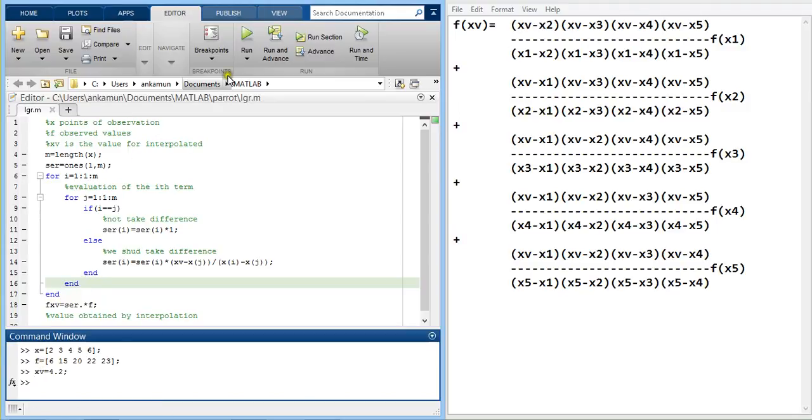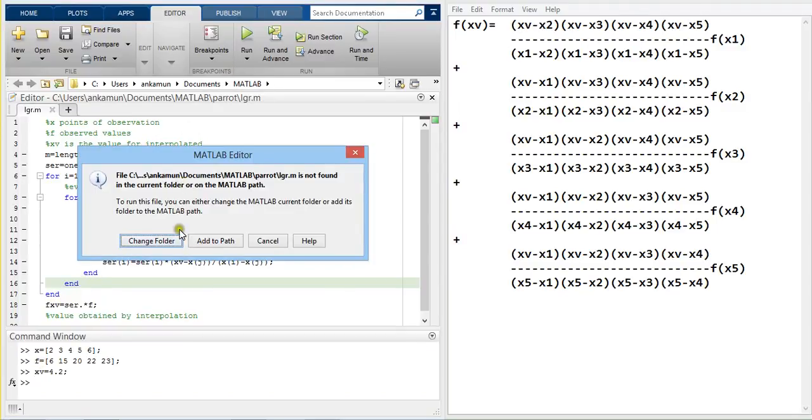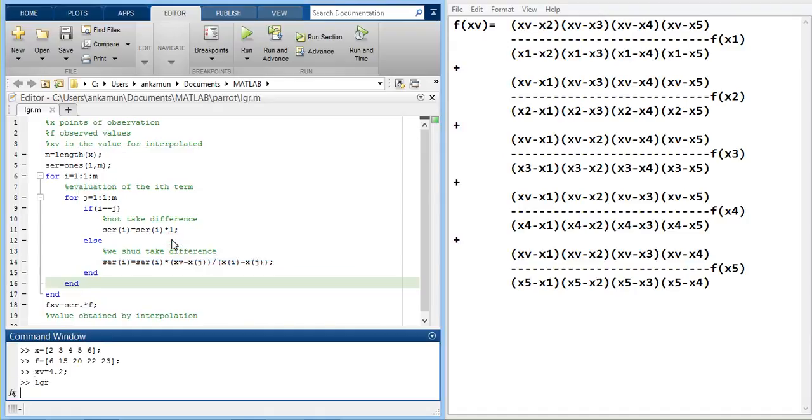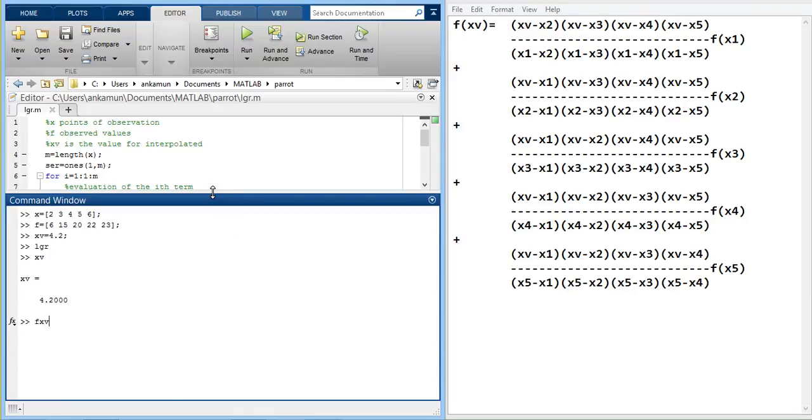Let us take a look at the workspace. We have xv as we had created, and we have fxv, that is the value that has been made.